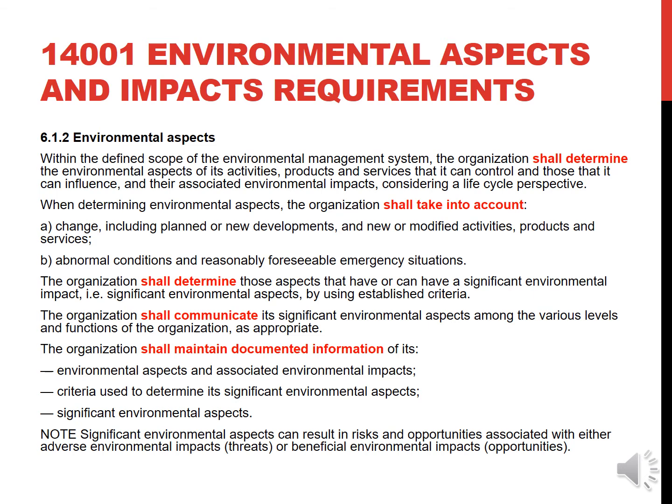The analysis, when you determine your aspects, you're going to look at or take into account change, including planned or new developments or new activities. This would be under the design function usually. Abnormal conditions and reasonably foreseeable emergency situations. And so this is, again, linked to emergency preparedness and response.